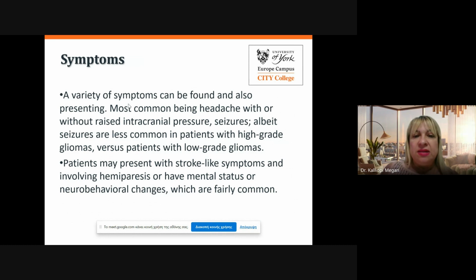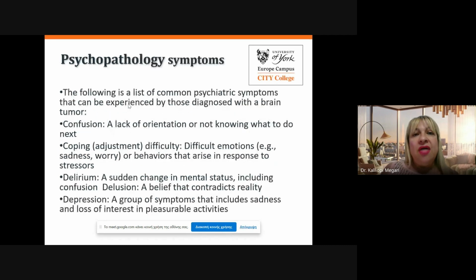Patients may present with stroke-like symptoms involving hemiparesis or have mental status or neurobehavioral changes, which are fairly common. Another common symptom can be psychopathology. The following is a list of common psychiatric symptoms that can be experienced by those diagnosed with a brain tumor.